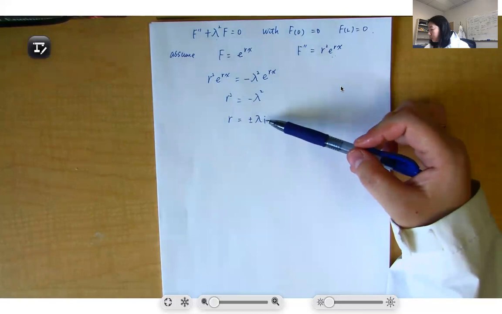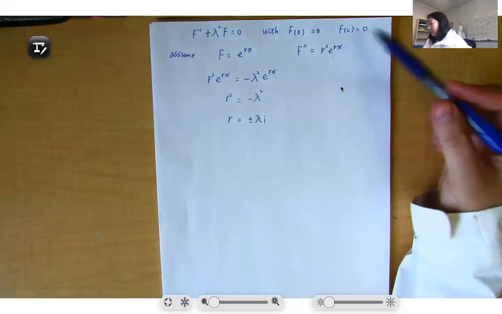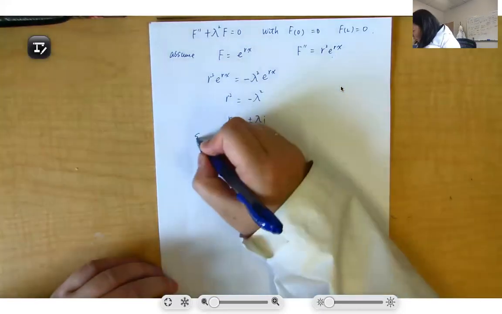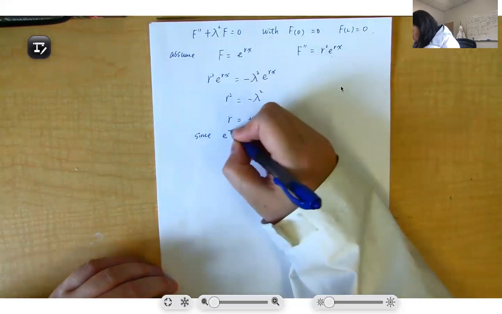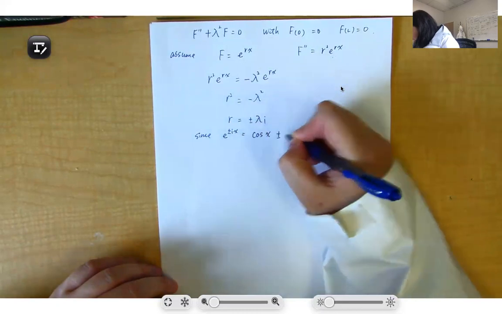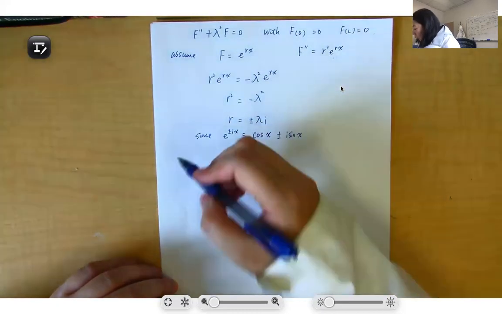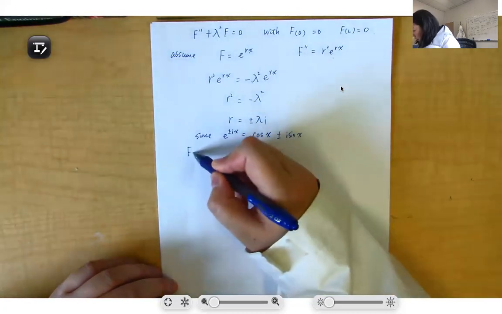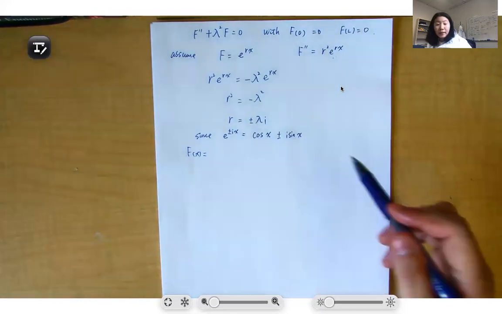Then we can assume that these exponential functions will turn into the sine and cosine functions, right? Since e to the plus minus ix equals cosine x plus minus i sine x, that means our final solution f(x) will be a linear combination of those cosine and sine functions.